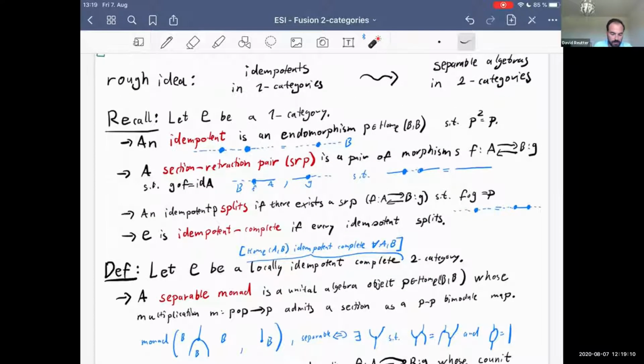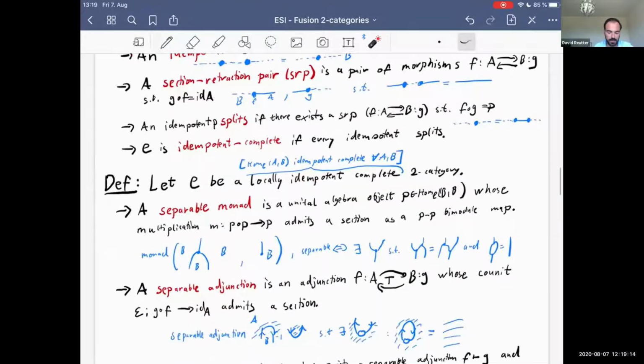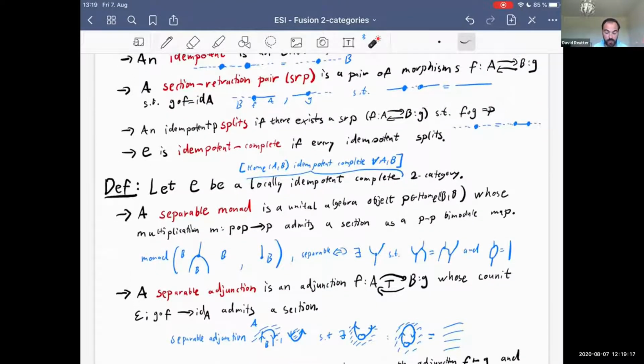And so now we've talked about idempotent. What's the analogous notion of a section retraction pair that we're using here? This is what is called a separable adjunction. A separable adjunction is an adjunction whose counit admits a section. What does that mean again in pictures?